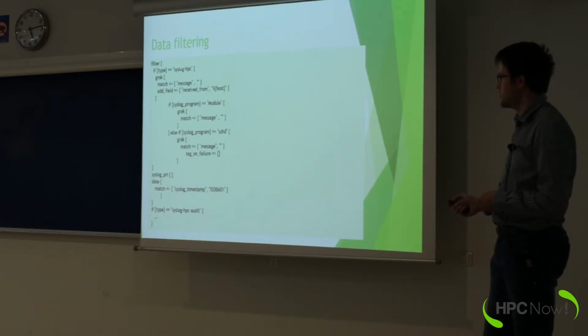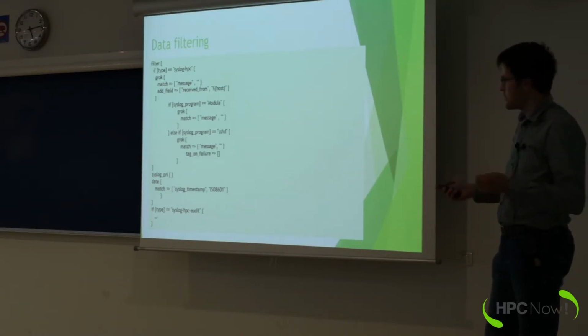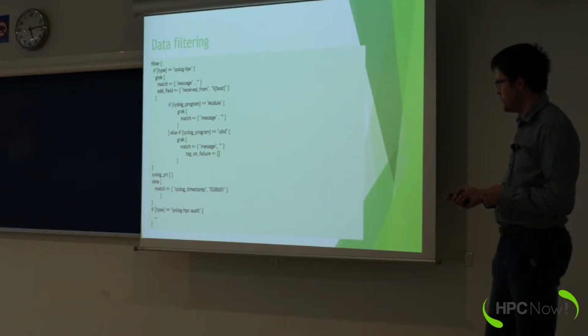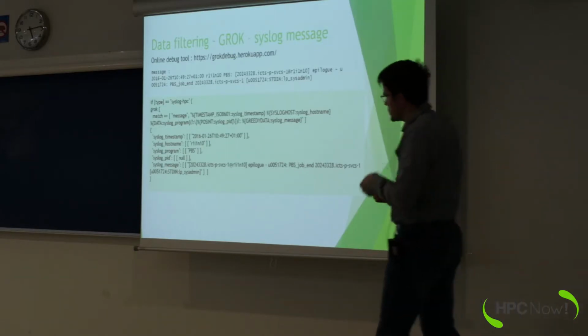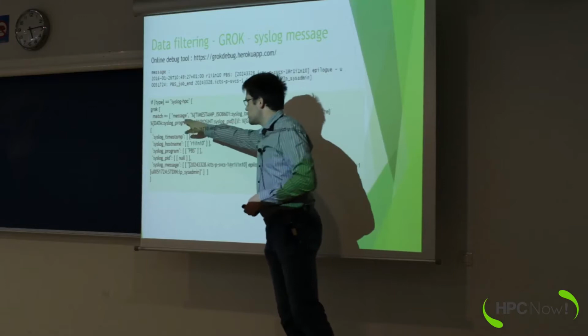The message that's entered is from the type syslog, and you can do something with the message and separate the fields. So this one is an example of the message that is injected, and basically what we do here is you match the message.